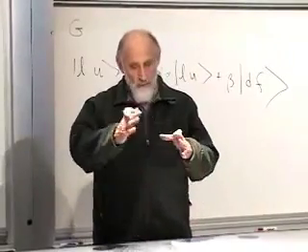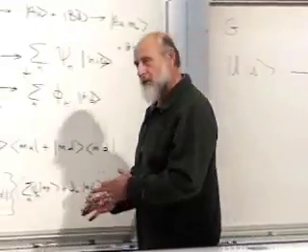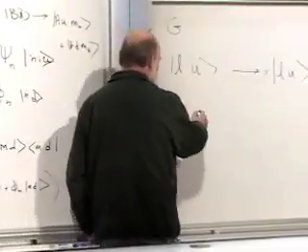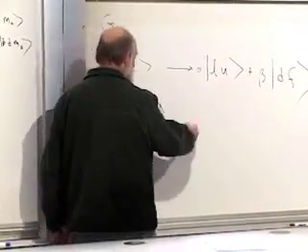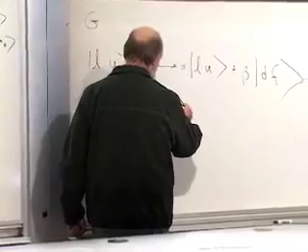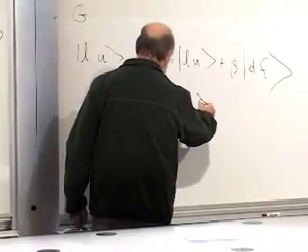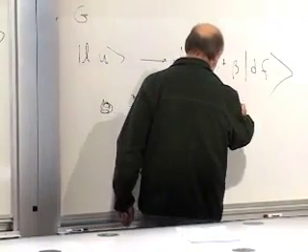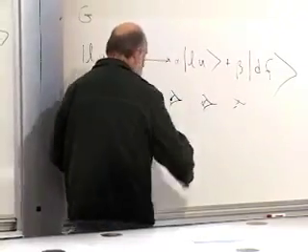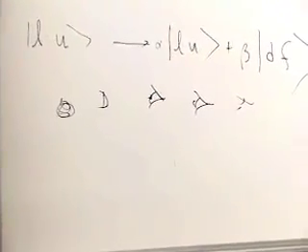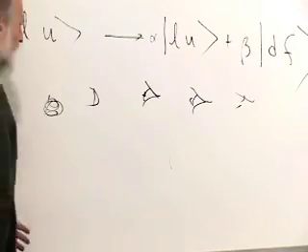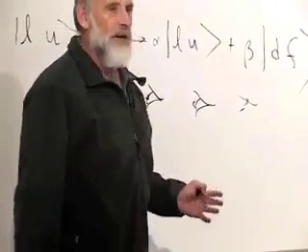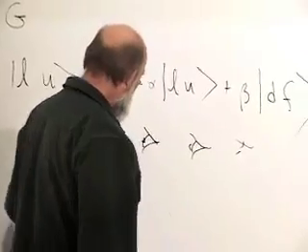As I said, the division: here's your system, here's your detector, here's somebody looking at it, here's somebody looking at that, and so forth and so on. Where you draw the line between the system and the detection is ambiguous, but depending on where you draw the line, at some point you will have to say the wave function collapses.